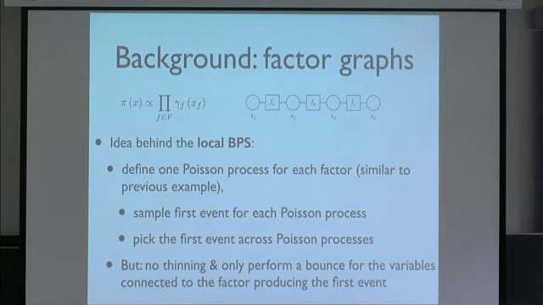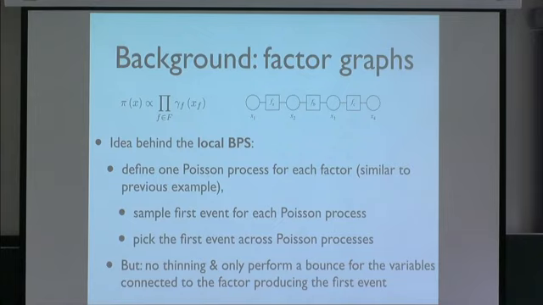Let's assume that our target distribution can be written as a product indexed by f, where each of these is a function that depends on a subset of the variables, okay? And we can draw a graph where the squares are each of these factors, these functions, and the circles are variables, and we connect the factor to the variables that the factor depends on. Okay, so it's a very straightforward representation, but useful to visualize what will happen in the next slide.